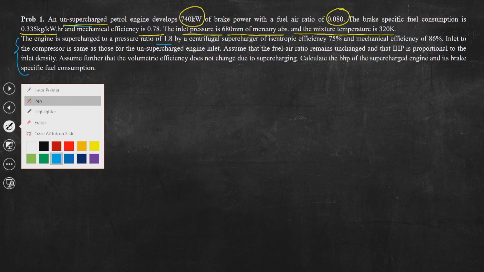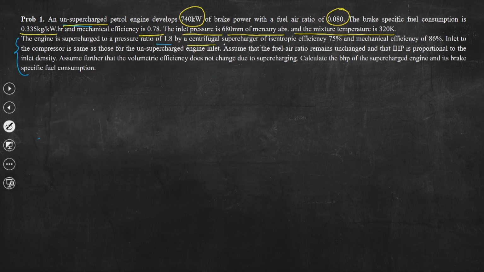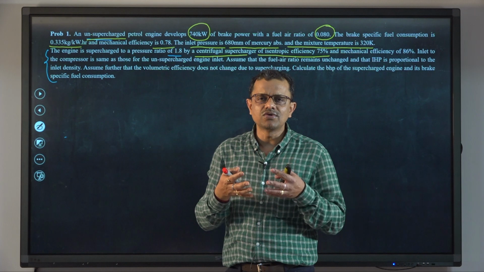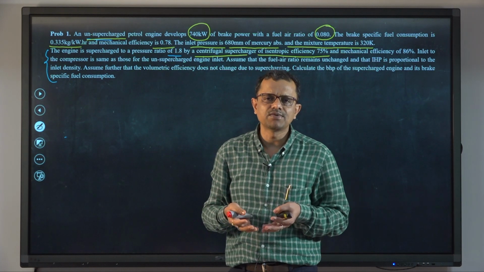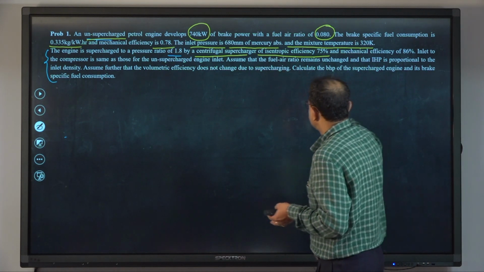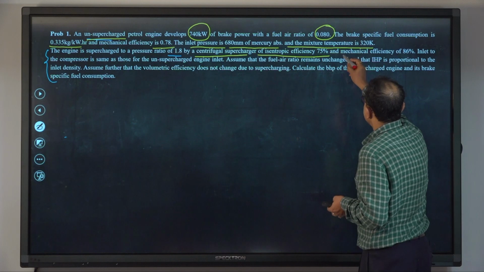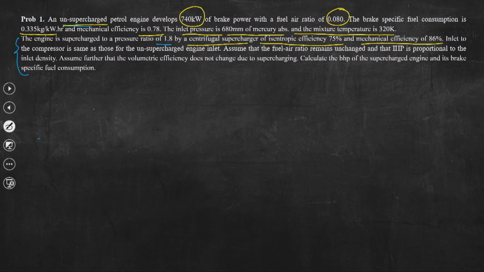We know in a supercharging unit only a compressor is there, because instead of rotating a small turbine, the compressor is driven by taking a certain amount of energy from the output shaft of the engine, right. So, this is 75% and mechanical efficiency is 86%.